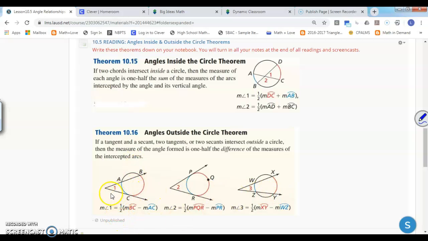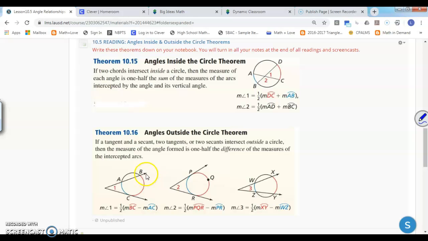In the first figure, this is a tangent because it touches your circle only once, while this is a secant line because it crosses the circle twice. In the second figure, these are two tangents, while in the third figure, these are two secants.